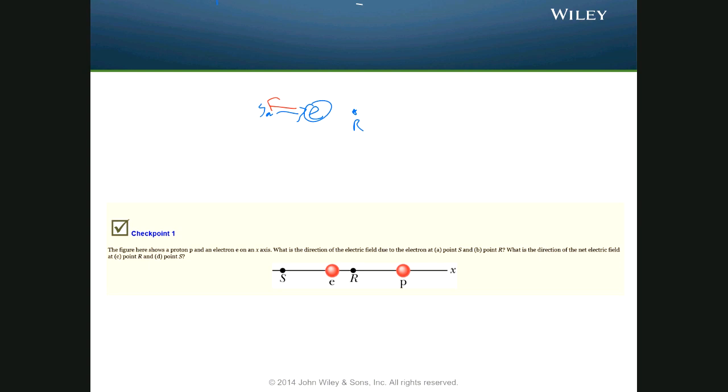Well, so we have away, we have into. Remember, field lines always start on positives and end in negatives. So when we go back to do this, it's the blue line that's going to be correct. And so from point S and point R, it should be going into the electron. Okay?